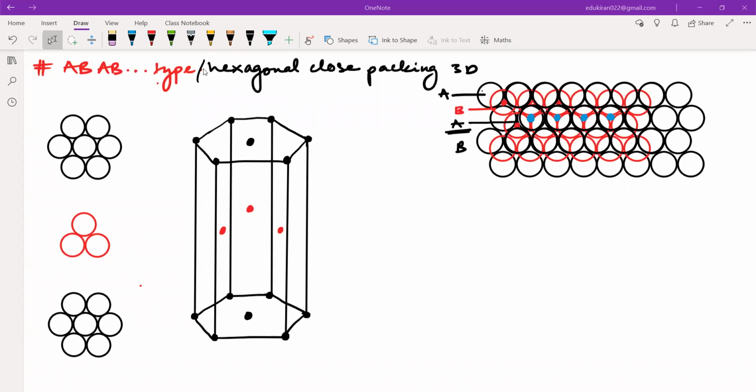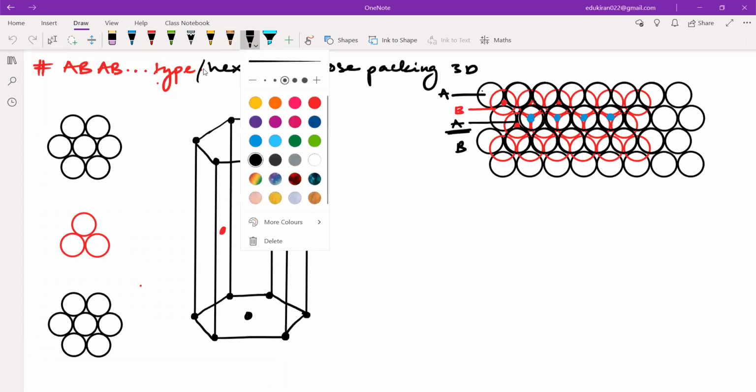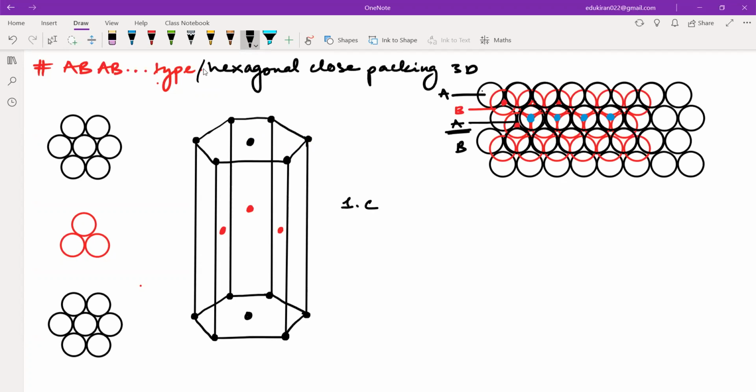The first thing that we will look at is the coordination number of the atom. I want all of you to focus on this black atom that I have highlighted in blue color.